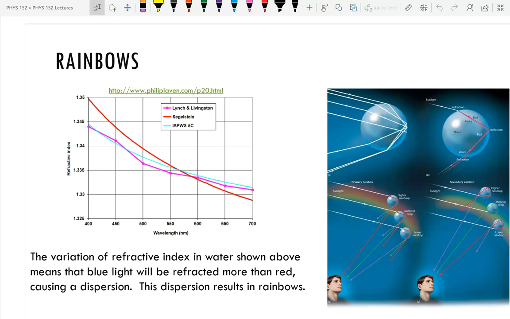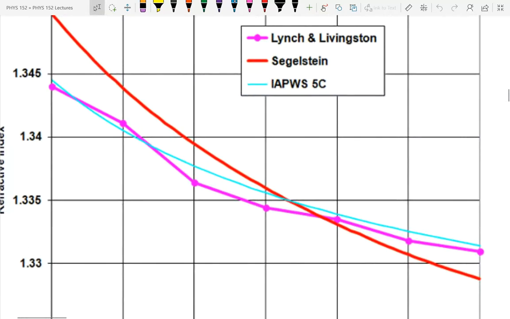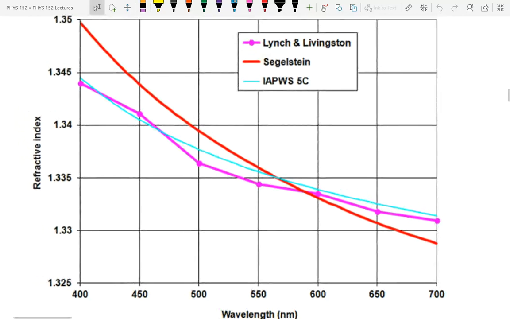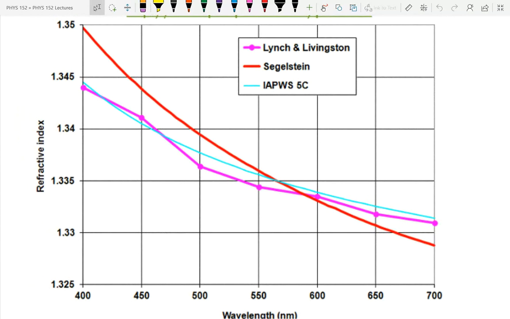So it's a rather complicated process. Here I have a picture of the first order rainbow. By the way, this picture is showing the index of refraction of light in water.